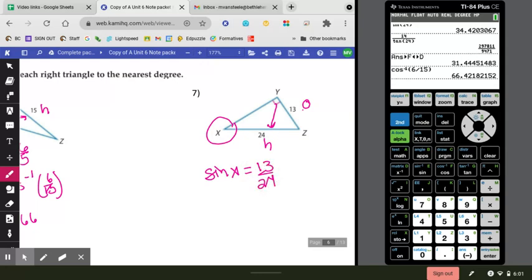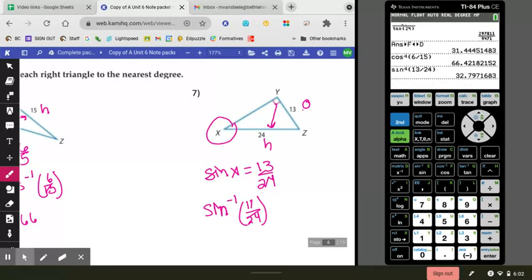So I'm going to do the inverse sine, so that's sine -1 of 13 over 24. And that's 33, rounded to the nearest degree.